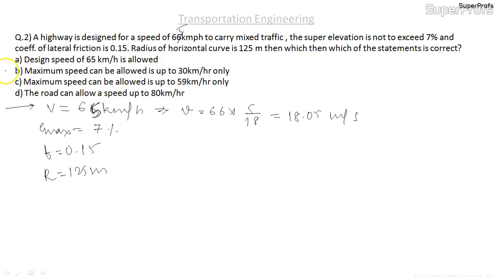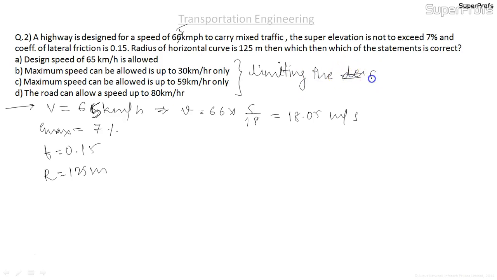So the options are: design speed of 65 kmph is allowed, maximum speed can be allowed up to 30 kmph only, maximum speed allowed can be 59. Each of the options speaks about limiting the design speed.